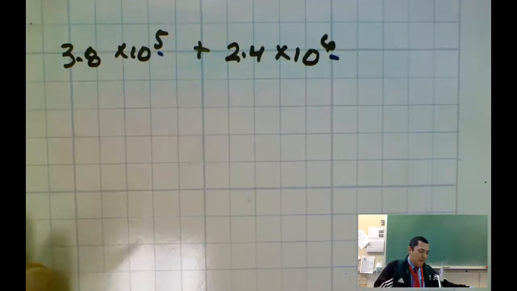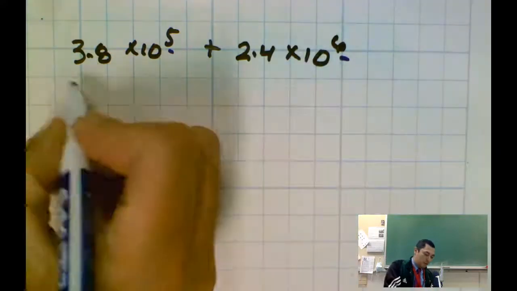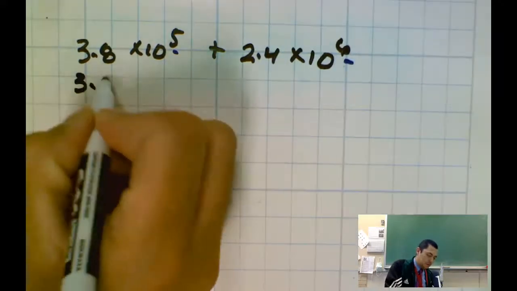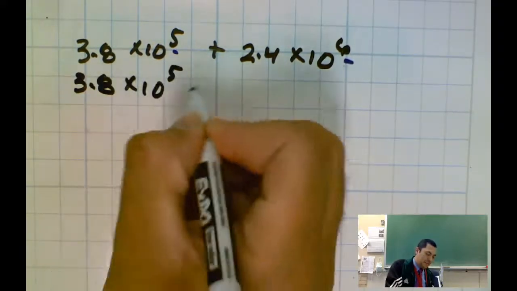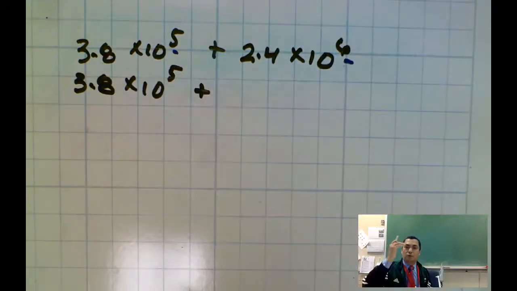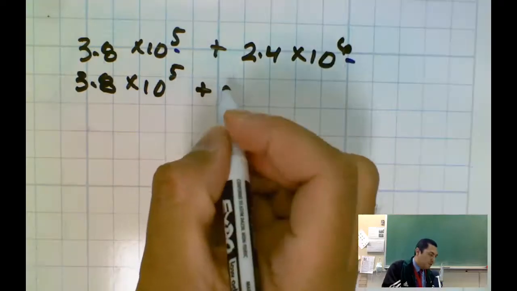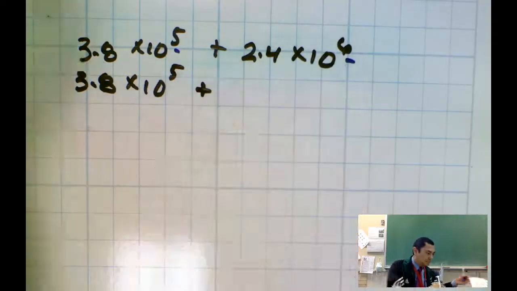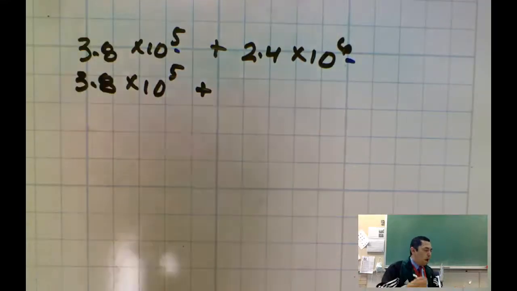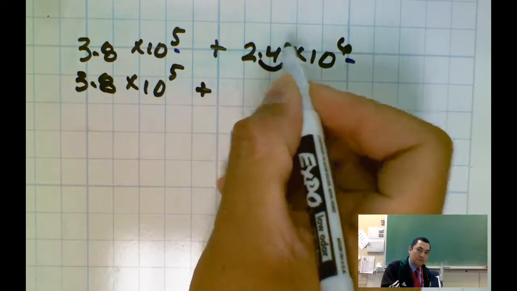Now, in this case, we're going to manipulate the biggest exponent, this one. So I'm going to have this one the same. So I'm going to have 3.8 times 10 to the 5th power plus, how do I get 5? So I need to move 1 unit, so I need to subtract 1. So what I'm going to do in this case, I'm going to move 1 unit to the right and subtract 1.